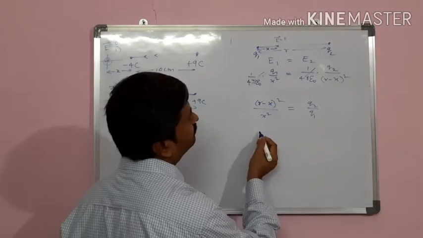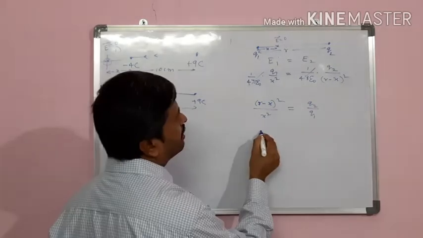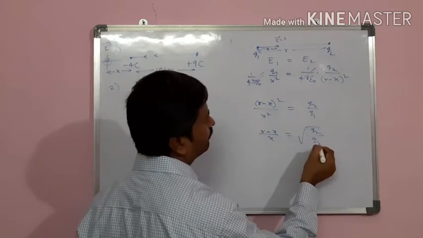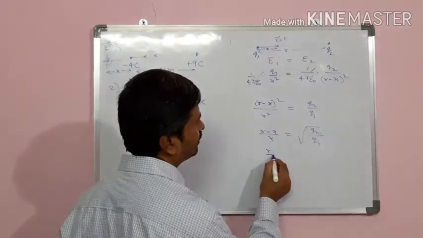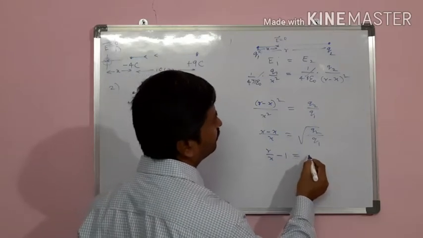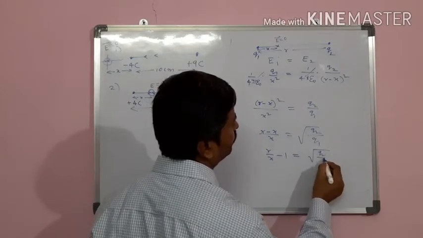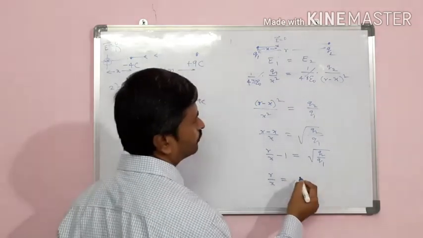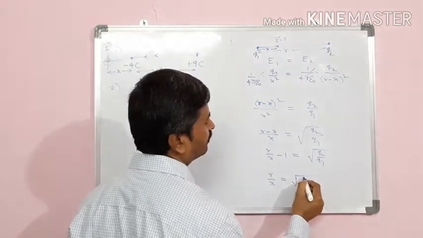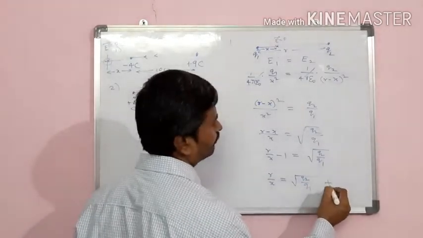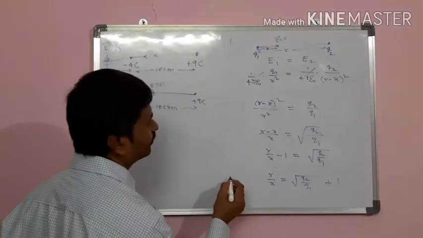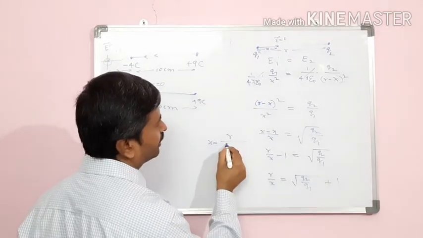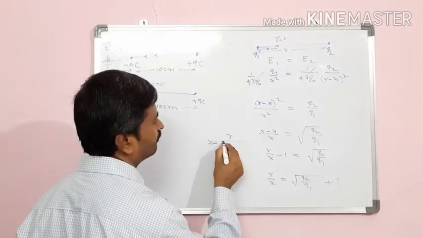and here you can say r minus x by x is equal to square root of q2 by q1. Then r by x minus 1 must be equal to square root of q2 by q1, and r by x is equal to square root of q2 by q1 plus 1, and finally you can write x is equal to r divided by square root of q2 by q1 plus 1.